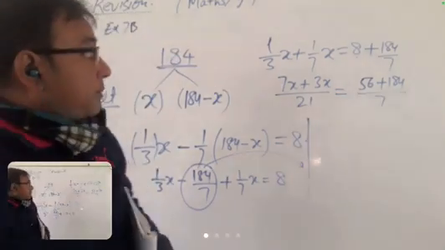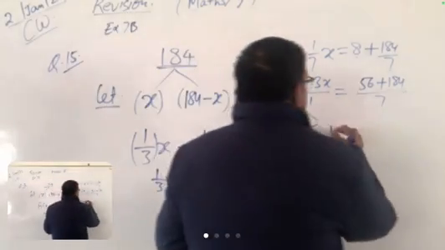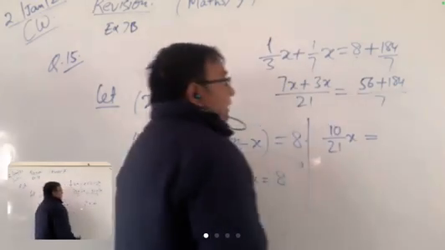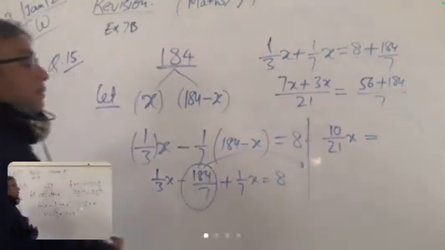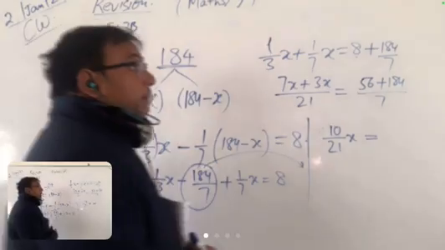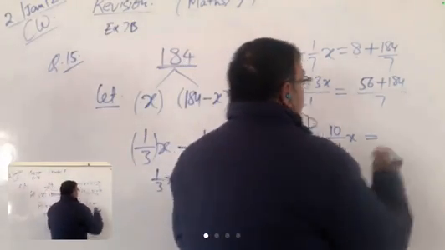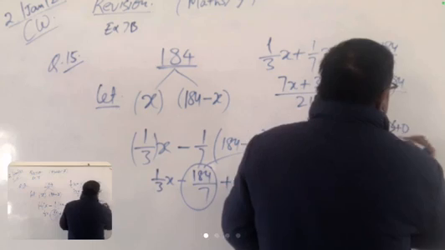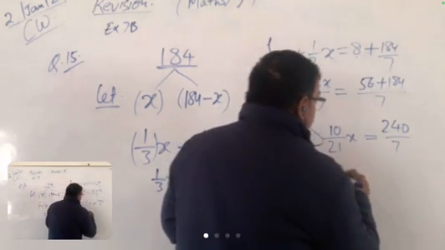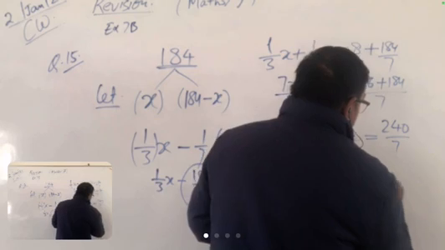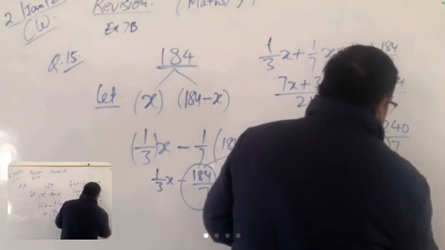Ankita, this is 10/21x is equal to... how much did you get here? Quickly tell me. 240/7. So x is equal to 240 upon 7 into 21 upon 10.